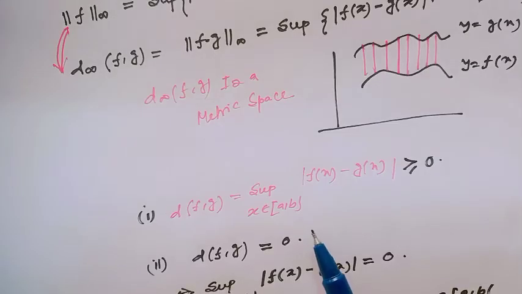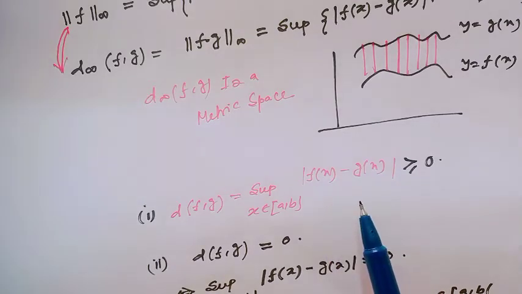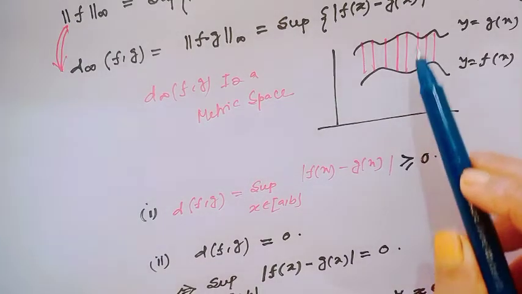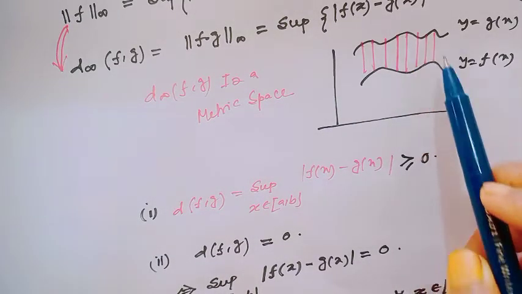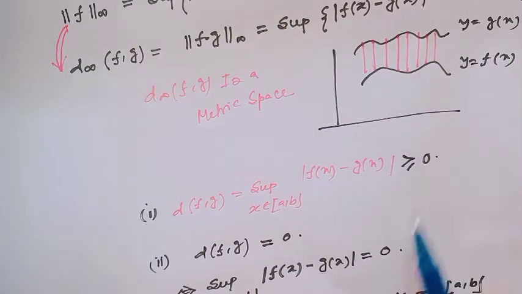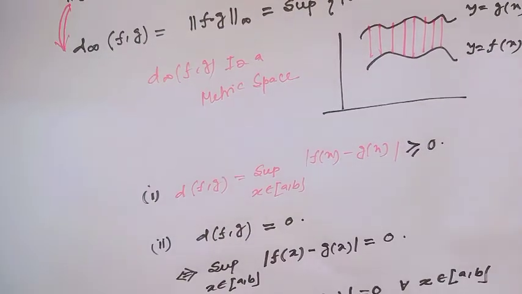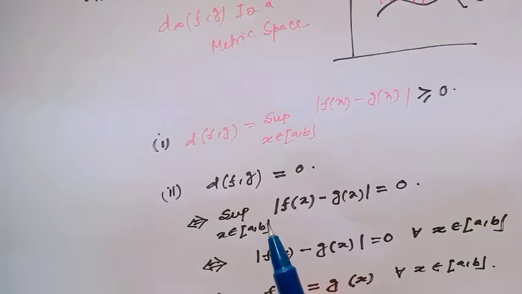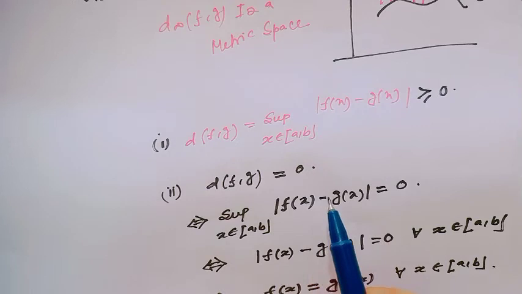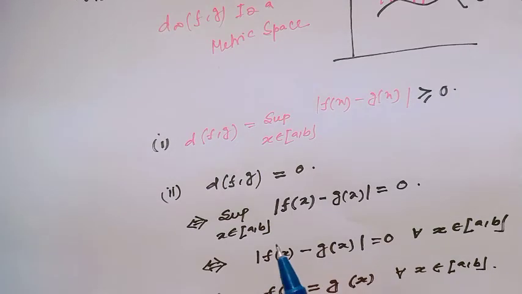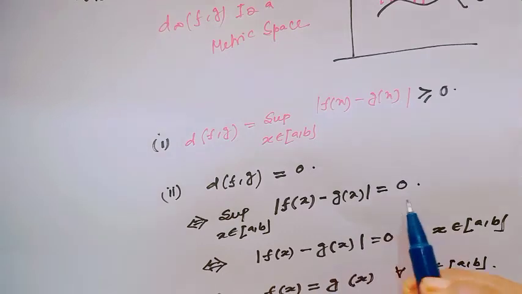The first condition: d of f comma g is defined as the supremum over x in [a, b] of the absolute value of f(x) minus g(x), and this supremum distance of these two functions is always greater than or equal to 0. Second condition: d of f comma g equal to 0 means the supremum over x in [a, b] of the absolute value of f(x) minus g(x) equals 0.